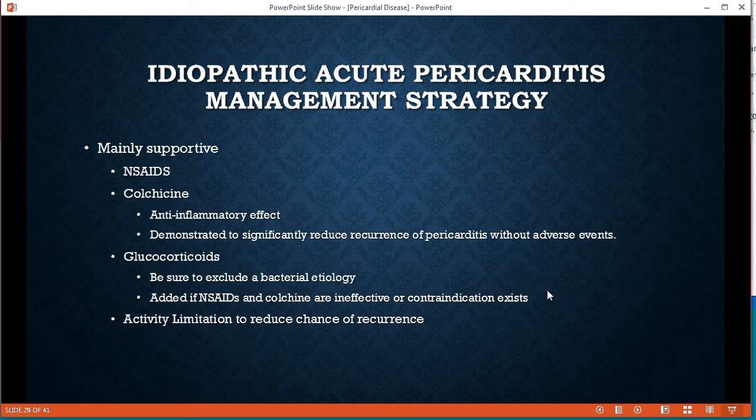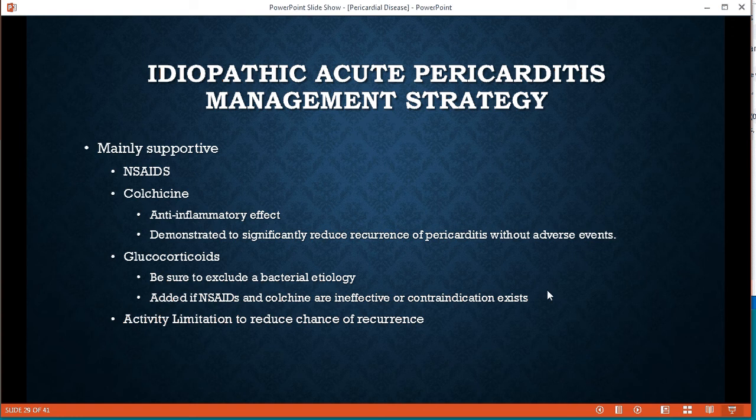Now you can use glucocorticoids such as dexamethasone or prednisone, but you have to first make sure that there's no bacterial etiology for it. Remember, with glucocorticoids, you're going to provide some immunologic suppression. So if somebody has a bacterial infection and you're suppressing their immune system with glucocorticoids, then you're going to allow that bacterial manifestation to continue, especially if you're not treating with antibiotics.